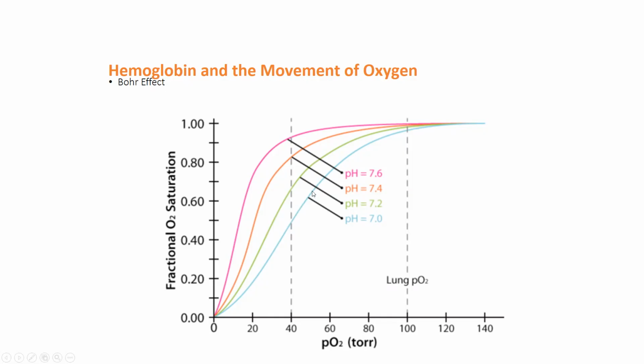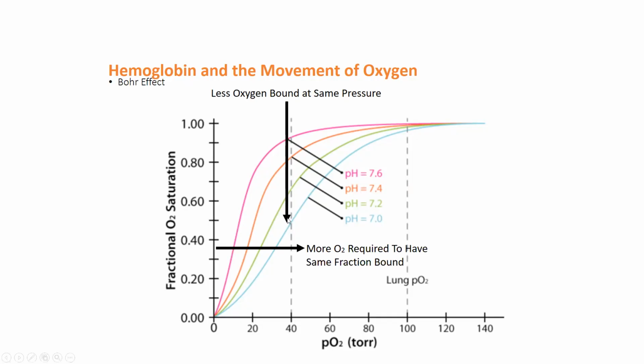Let me give off my oxygen. So it's going to have very low affinity in blue, low affinity in green, low affinity in orange, and the least affinity for pink. So the more the situation deteriorates, the more I'm going to let go of oxygen. Less oxygen is bound at the same pressure.